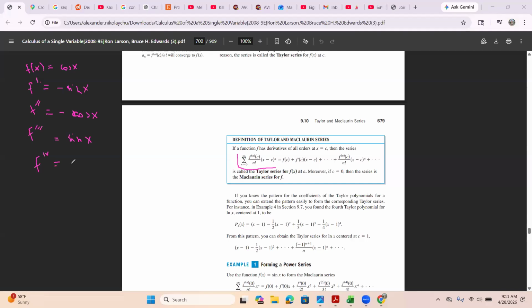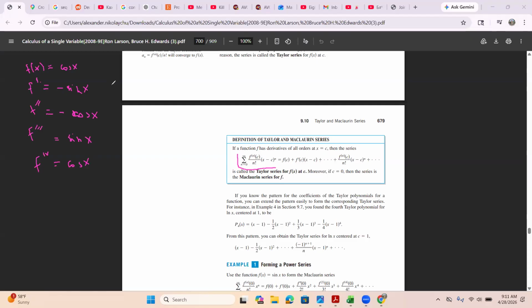The derivative of sine is cosine. So I ended up again with the function we started with, cosine, which means that if I keep going, they will repeat.